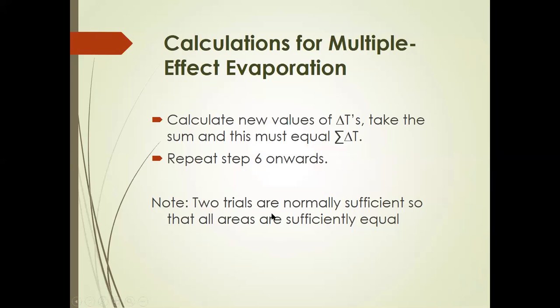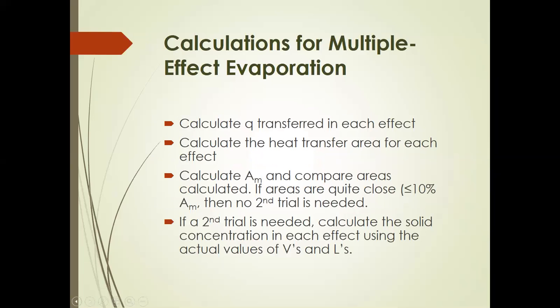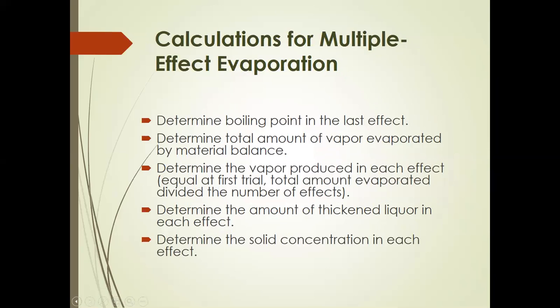Normally, 2 trials are sufficient so that the areas are sufficiently equal or comparable, or the error is not more than 10%. So these would be the steps that we're going to follow whenever we do multiple effect evaporation.